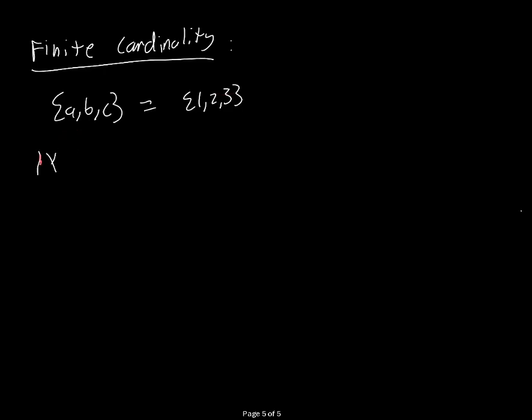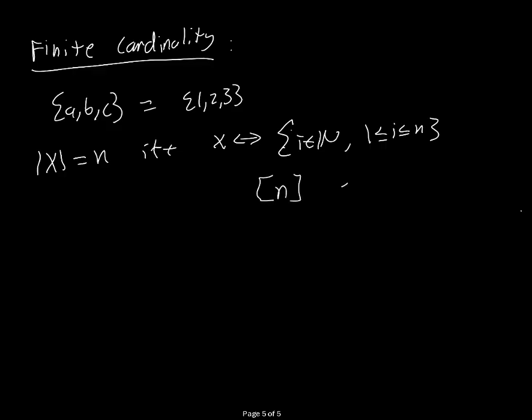So we say the cardinality of X equals n if and only if there exists a bijection from X to the set of all i in the natural numbers such that 1 is less than or equal to i less than or equal to n. So you have the interval 1 to n, right? This is how we denote the interval 1 to n.